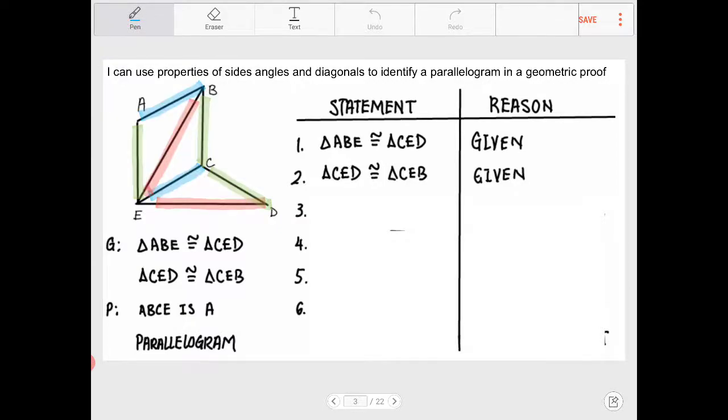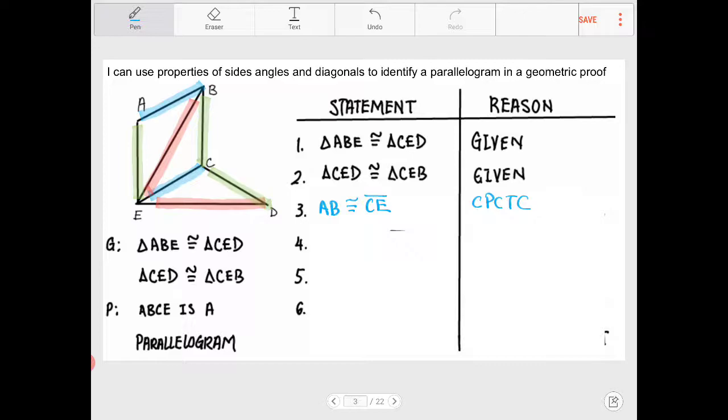So one of the first things that we did was we identified side lengths that are the same. So I know that AB is congruent to CE, and this is because of CPCTC, corresponding parts of congruent triangles are congruent.